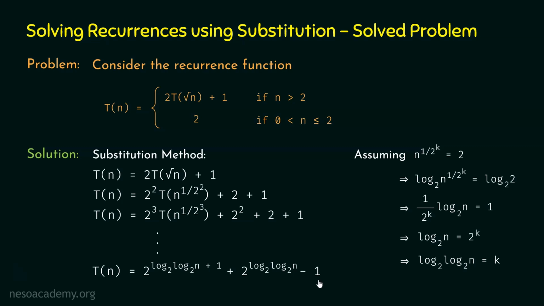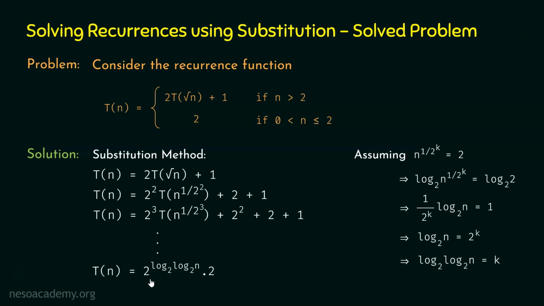Now we can take 2 power log base 2 log n base 2 common from these two. We will get 2 power log base 2 log n base 2 times 2 plus 1 minus 1. And what is 2 plus 1 minus 1? 1 minus 1 is 0. We'll be left with 2 only. This is 2 power log base 2 log n base 2 times 2.